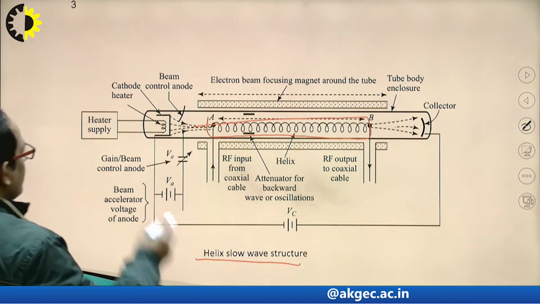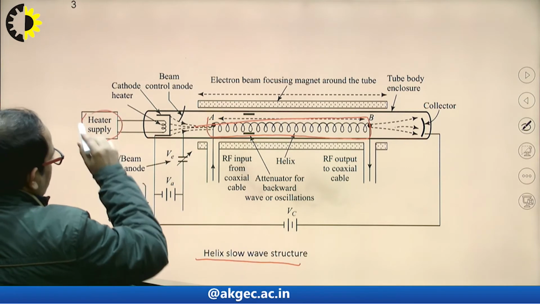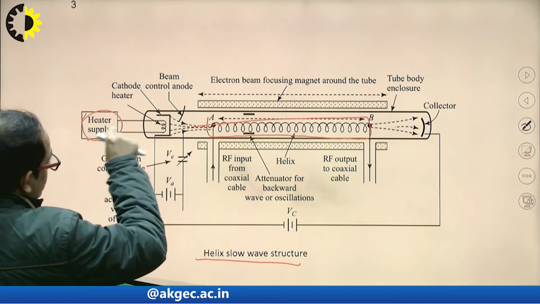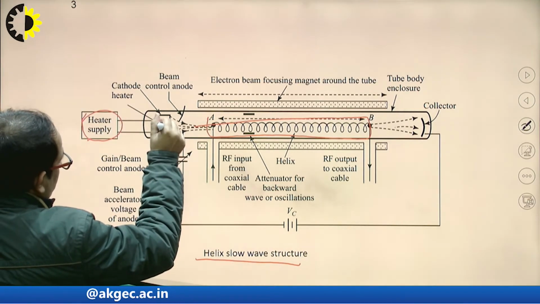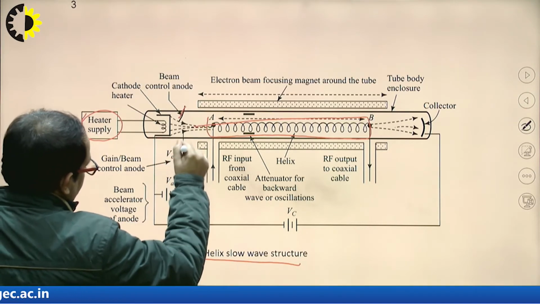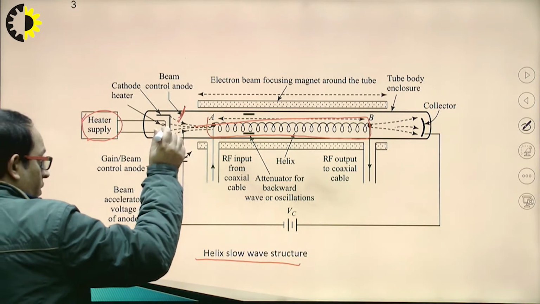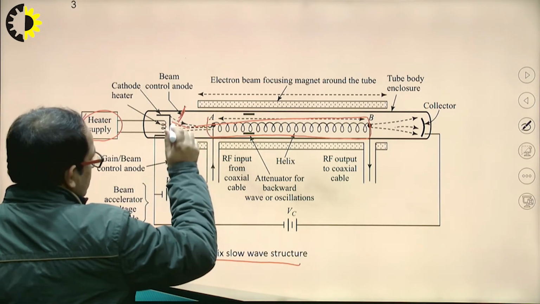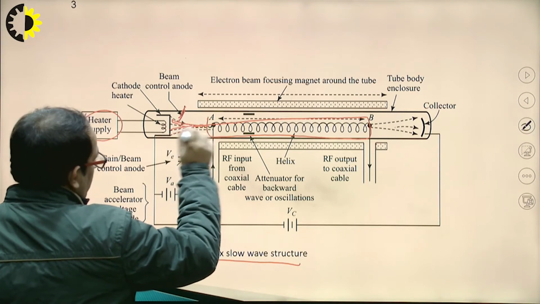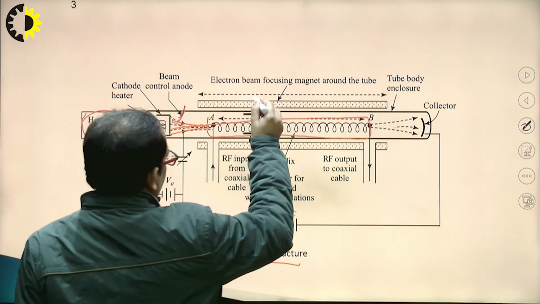Now see this one. This is a heater, which heats the cathode, and this is the cathode which supplies the electrons. These are the focusing anodes, which focus the electron beam in one direction. There are also permanent magnets.